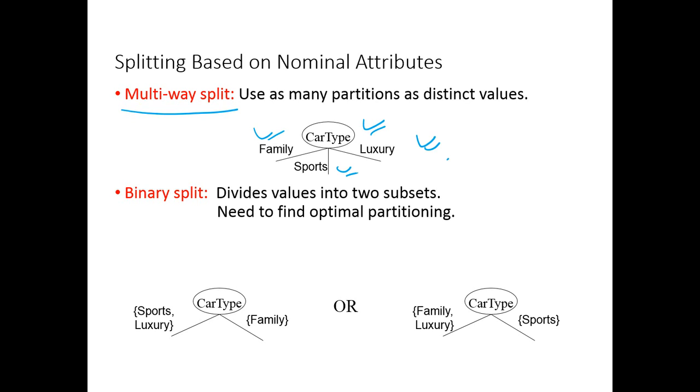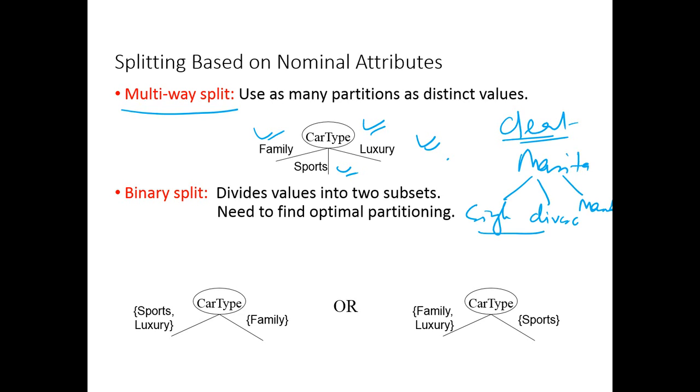For instance, in the case of cheat, you are dealing with someone cheating, and marital status could be single, divorced, and then married. We can actually combine single and divorced also because they pretty much represent the same type. You can have separate ones or combined together.